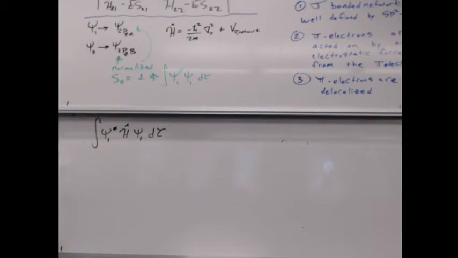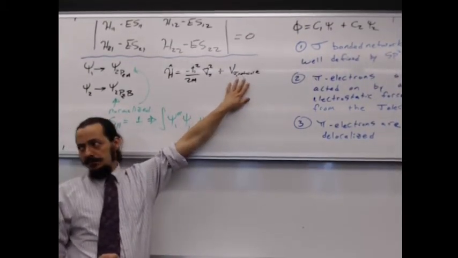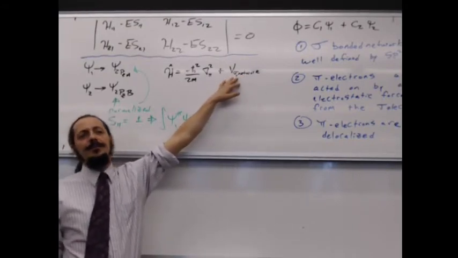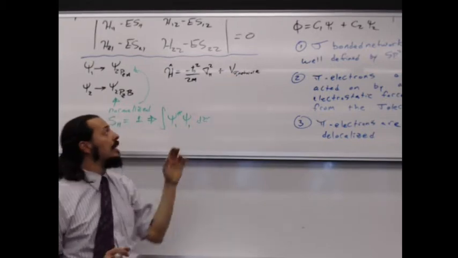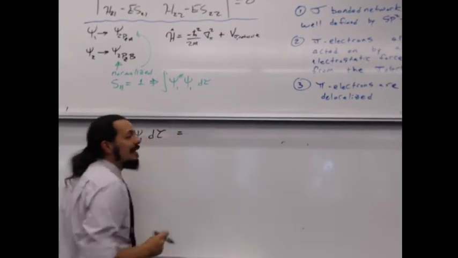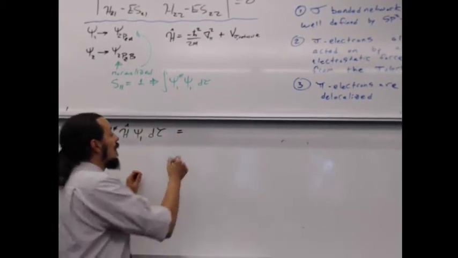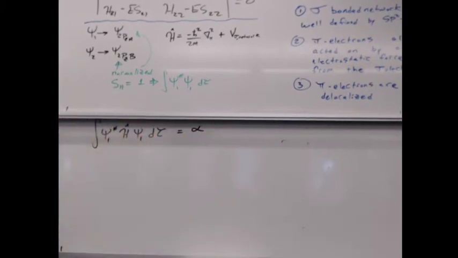Now notice here, we don't really know what this is, right? We know that it's some potential field. We know that if we could define the hybrid orbitals, we could get this thing eventually. But we can just define this as an integral, the same thing we did with our Coulomb integral, our exchange integral, our overlap integral. We're going to call this integral alpha.